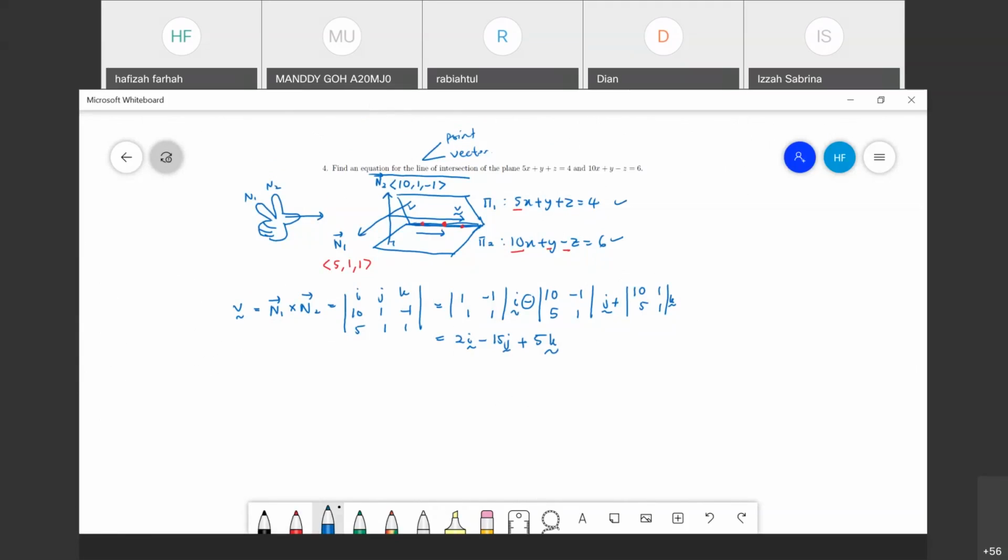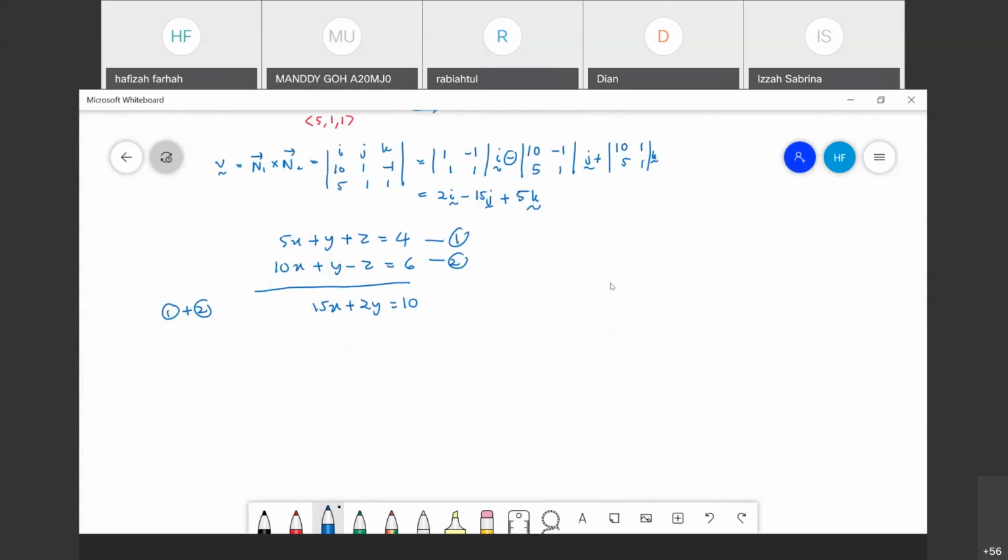Here we have 5x plus y plus z equals 4, and the second plane's equation is this. From these two equations, to obtain the point of intersection, you can just try adding these two equations. So what is left is 15x plus 2y equals 10.